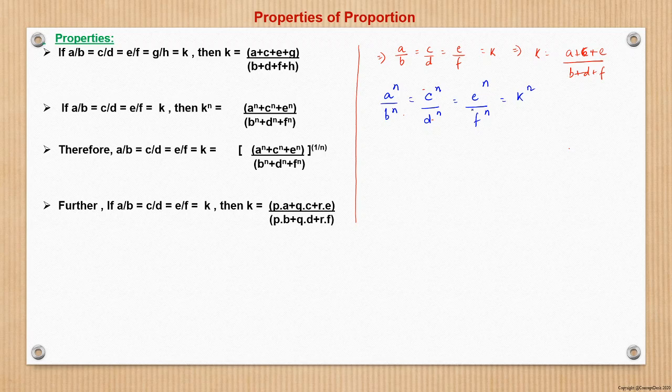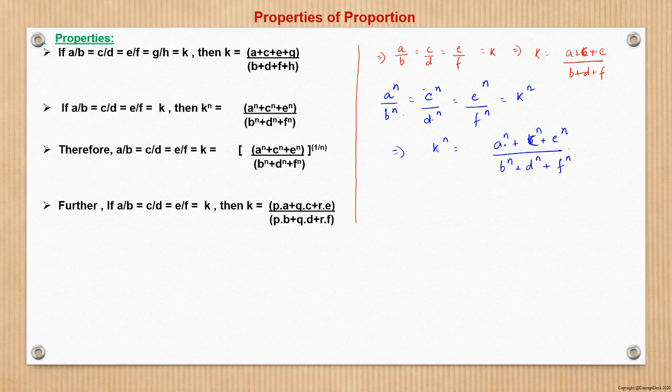So from the same equation 1, I can further write k raised to power n as (a raised to power n plus c raised to power n plus e raised to power n) upon (b raised to power n plus d raised to power n plus f raised to power n), right? This we can write.